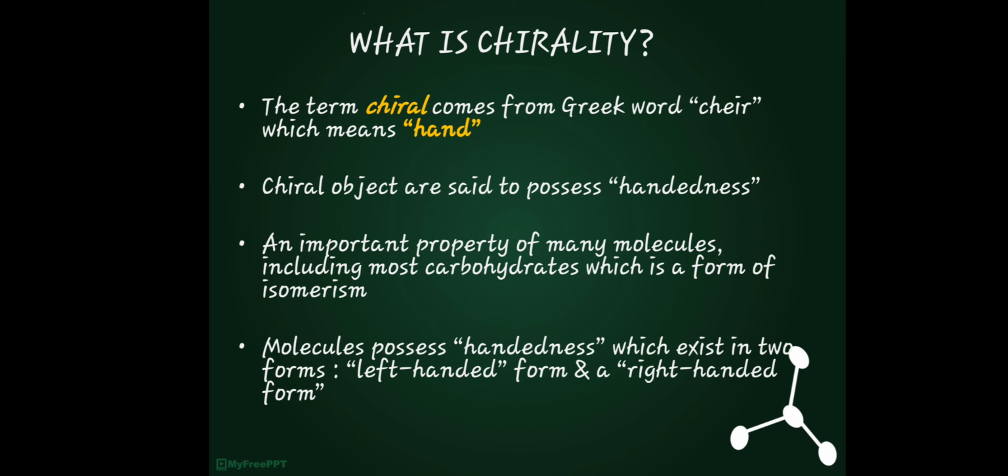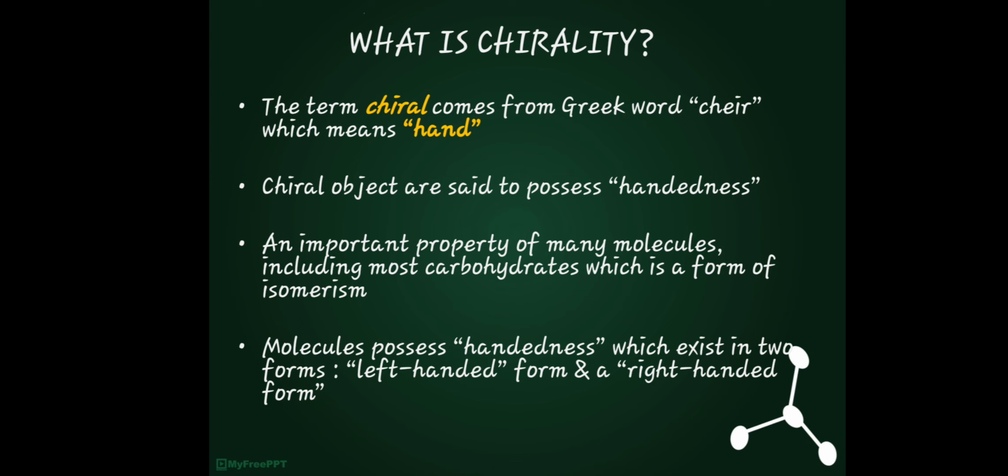Basically, chirality is a very important concept. Why? Because our cells inside our body are mostly composed of chiral molecules. Examples of chiral molecules inside our body are carbohydrates.